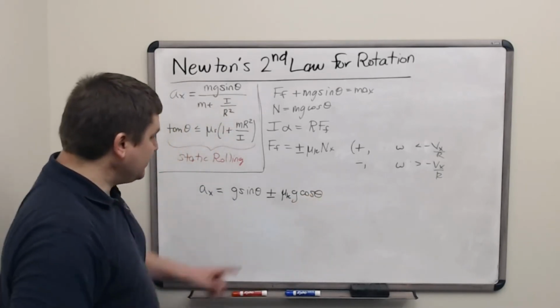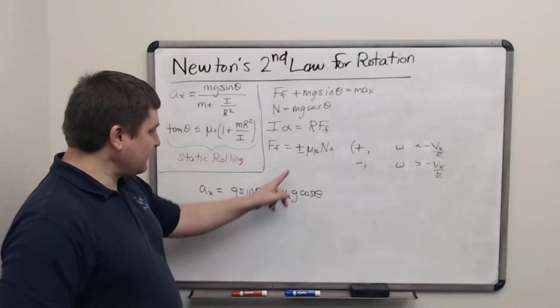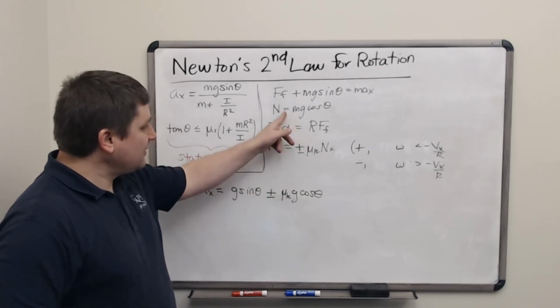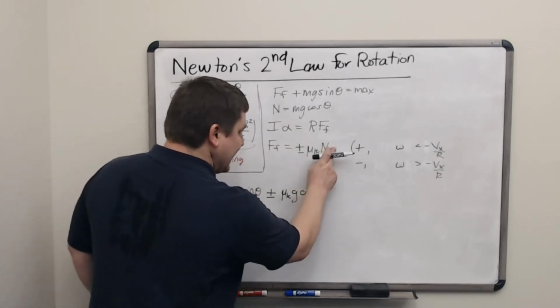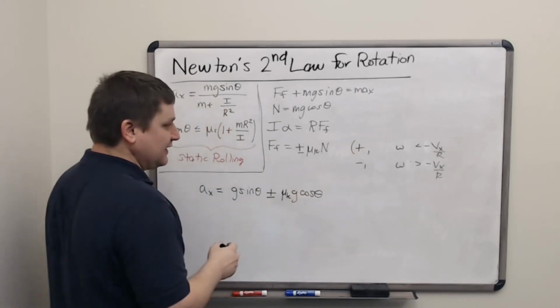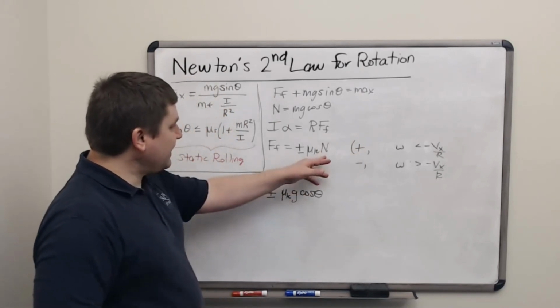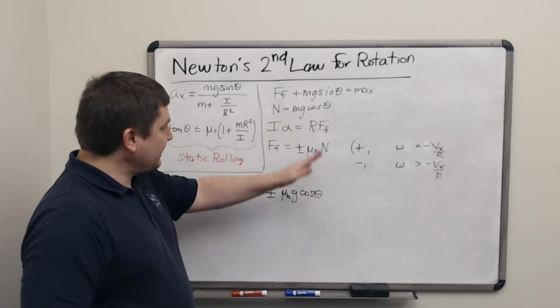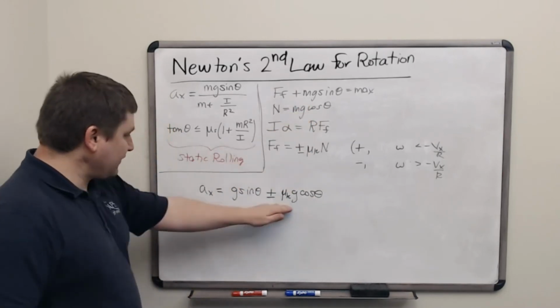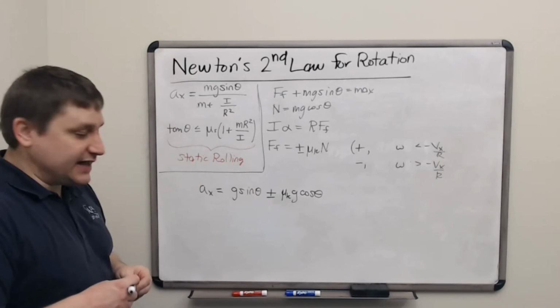All right, so the mu k is there from that, the plus or minus is there from that, the normal force is there. This was not nx, that was times the sine of stuff. So mu k n is mg cosine theta, and I divided both sides by m.